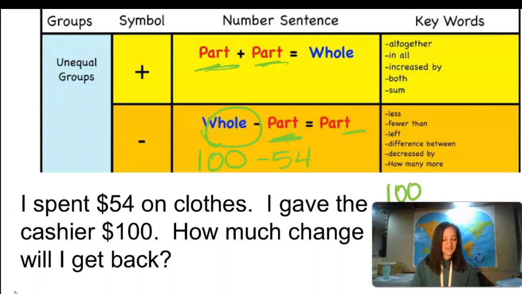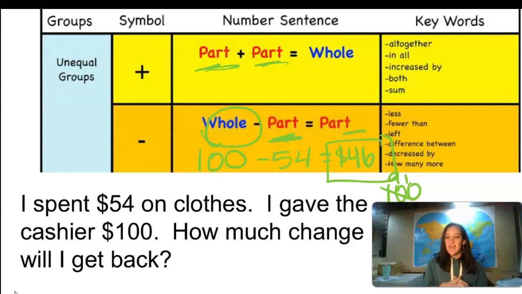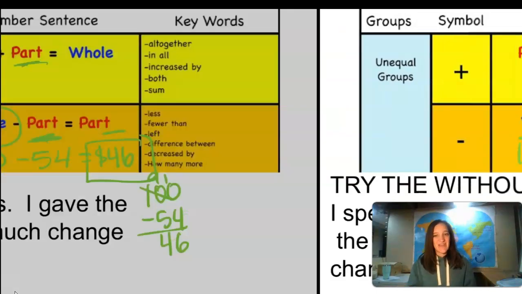So if I were to subtract and regroup, I would be left with $46. Okay, that seems correct to me, that I would get $46 back. So that was another example of where I had a whole amount and I took some out and received a part in return of that.